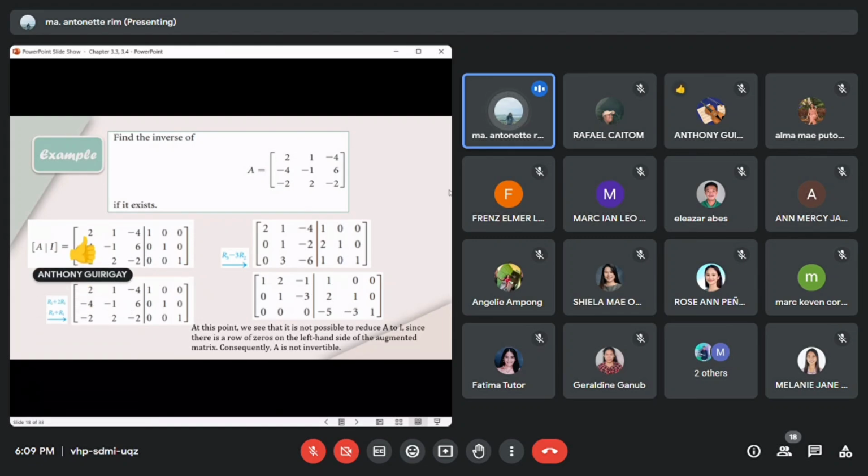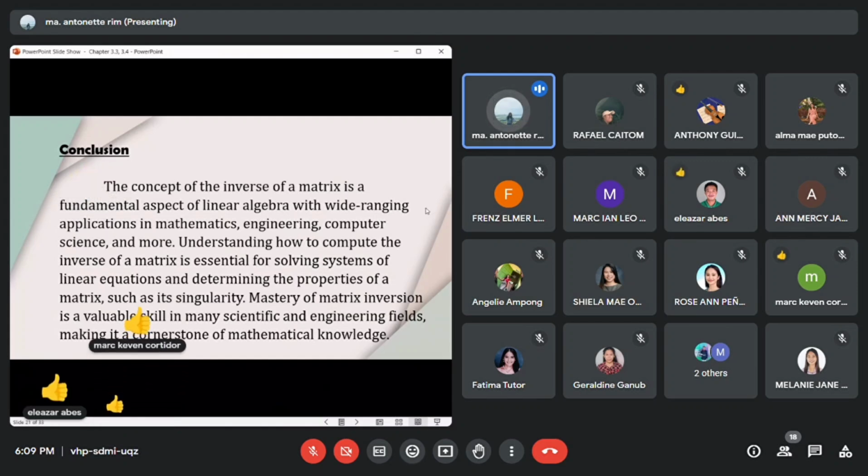Okay, so the concept of the inverse of a matrix is a fundamental aspect of linear algebra with wide-ranging applications in mathematics, engineering, computer science, and more.